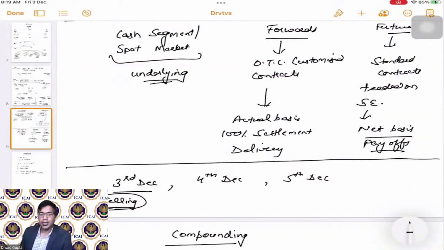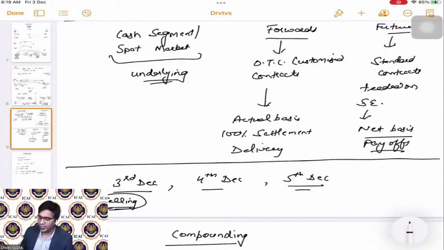Now, what will happen is that on 5th, the settlement of the 3rd transaction will happen. The 4th December and 5th December transactions are happening independently. All the one-day transactions are happening independently. If you're selling on 3rd December and you don't have the stock, how are you going to settle when you have to deliver it?